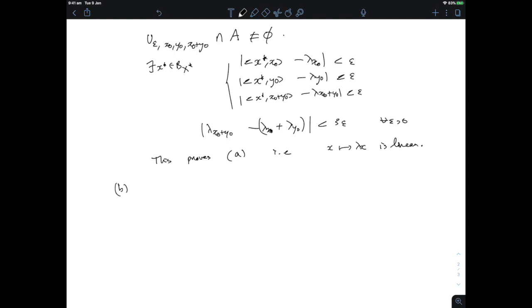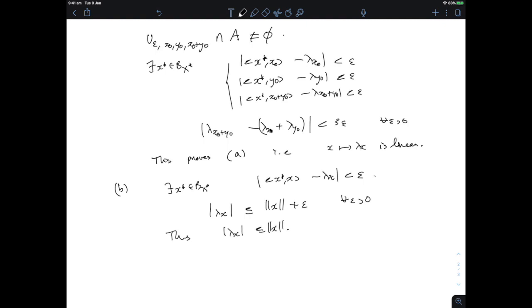Now for b, same sort of idea. You just say there exists an x star in the unit ball of x star such that x star x is close to lambda x. Alright, and now that gives you that lambda x is smaller than norm of x, because x star is in B of x star, plus epsilon for all epsilon, and therefore lambda x is smaller or equal to norm of x.